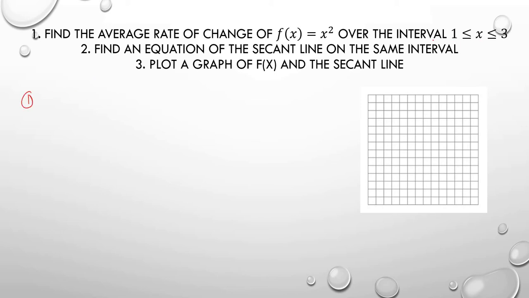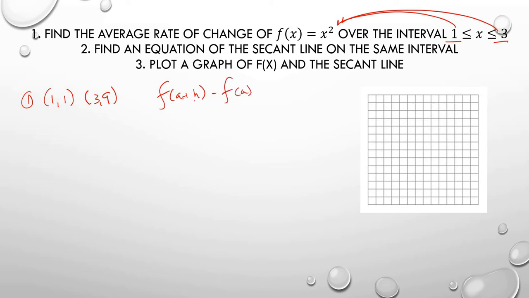So our plain old interval from x equals 1 to 3 is going to be from the point 1 comma 1 to the point 3 comma 9, and I found my y values by plugging 1 into my function and plugging 3 into my function. So using our formula, f of a plus h minus f of a over h, h is the interval, or the difference between my x values.